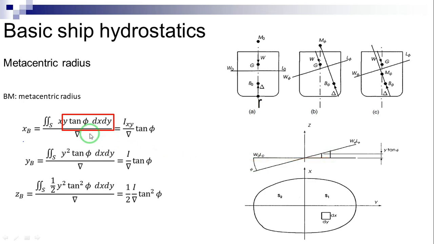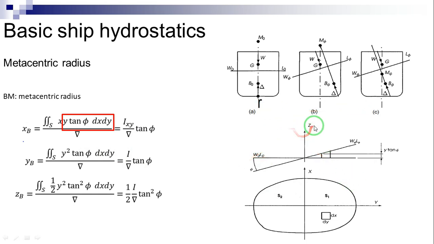To make things easier, we have taken the origin of coordinates in the initial center of buoyancy B0. Measure the x coordinate parallel to the axis of inclination, positive forward, the y coordinate transversely, positive leftward, and the z coordinate vertically, positive upward.